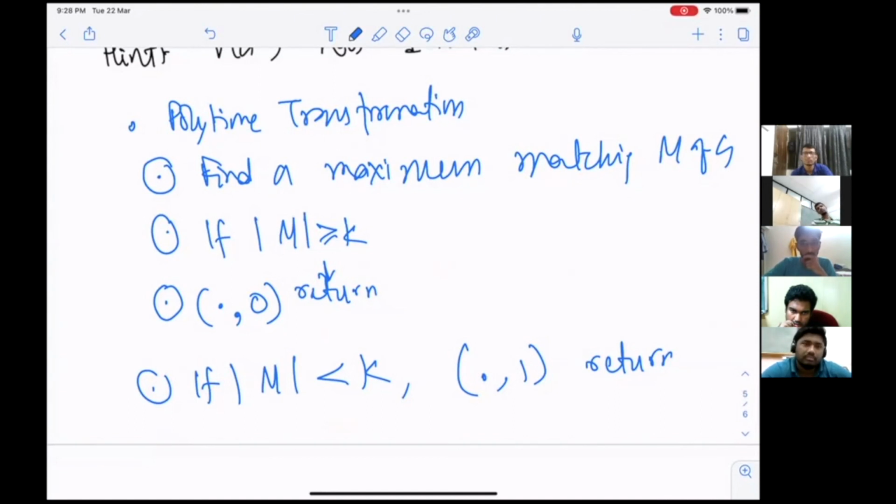If I give you a single vertex and 1, you can just look at this single vertex and say, hey, no, this single vertex graph has no matching of size 1, which implies that the original graph did not have a matching of size at least K. So for polytime, it's perfectly okay to have such constant size instances returned at the end. But if the problem is NP hard, should we think of such a return?